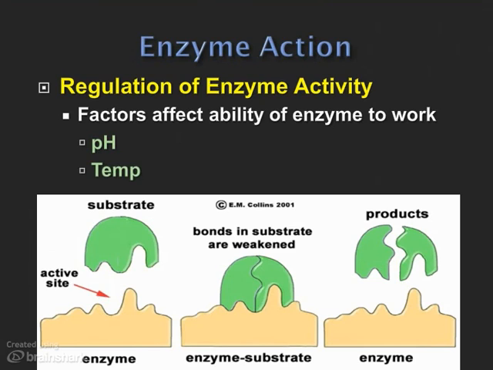So when either one of these changes, like if you're running a fever, or you're suffering from exposure to cold, or you ingest too much of a substance like alcohol or even water, you can affect how well those chemical reactions are going with the enzymes.